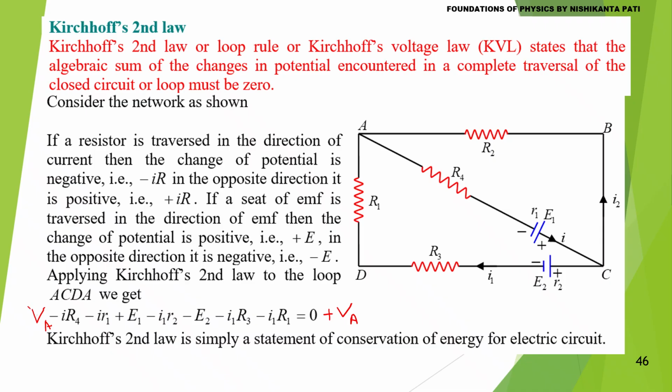Cancelling VA from both sides, the algebraic sum of changes in potential in the closed circuit ACDA is equal to 0. So this is according to Kirchhoff's second law. Kirchhoff's second law is the statement of conservation of energy for the electric circuit.